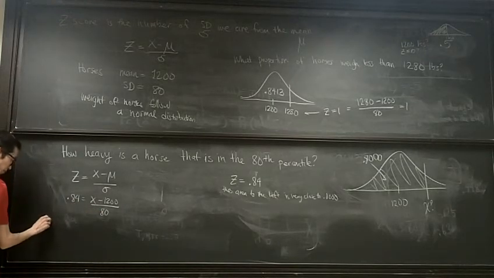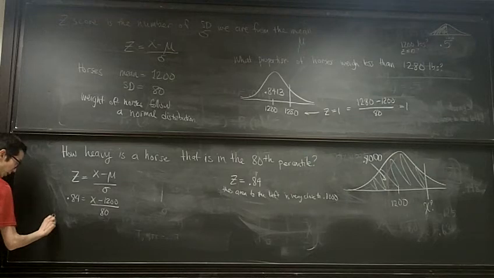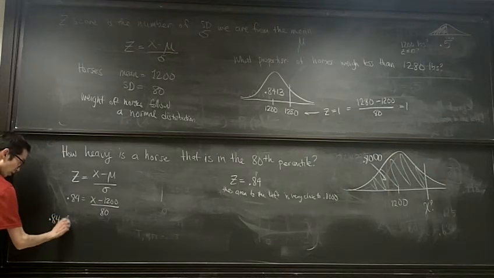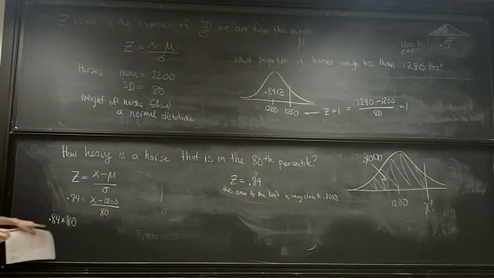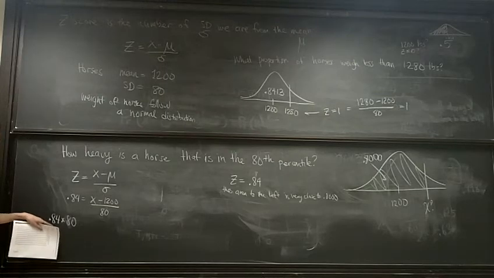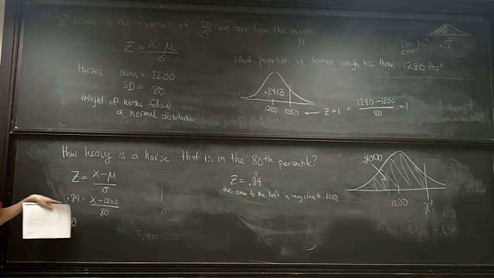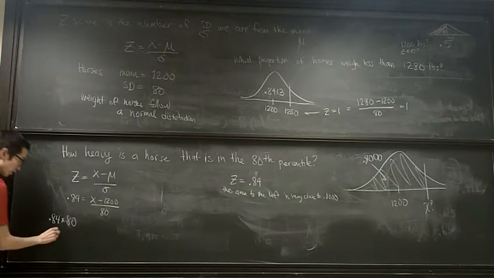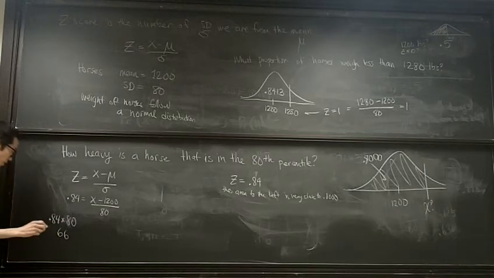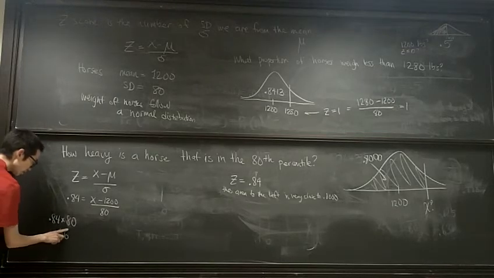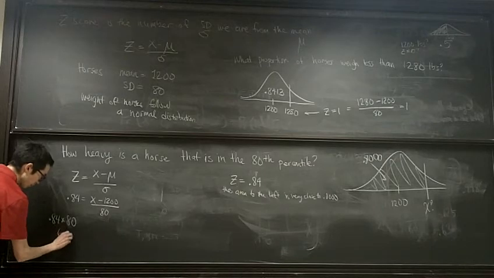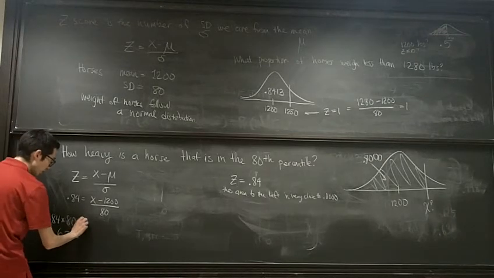I multiply both sides by 80, because I'm 0.84 standard deviations from the mean. Each standard deviation is 80 pounds. So this tells me I'm 67.2 pounds away from the mean.